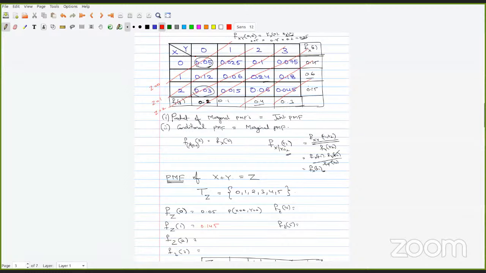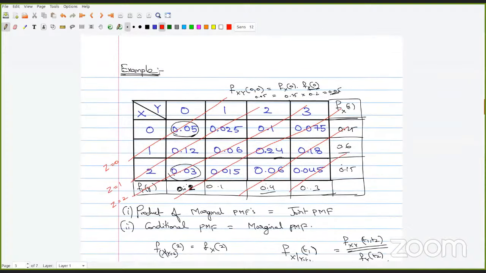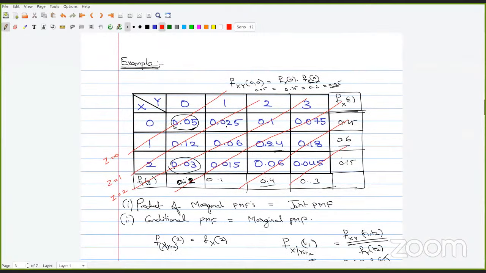F_Z of 0 is 0.05. See, F_Z of 0 means what is the probability that the sum of the random variables becomes 0. When can the sum be 0? Given these random variables, X takes 0, 1, 2 and Y takes 0, 1, 2, 3, what is the probability that the sum X plus Y takes value 0?